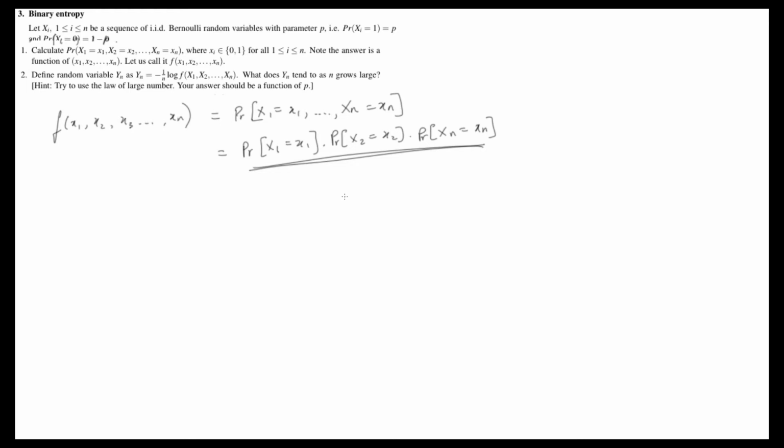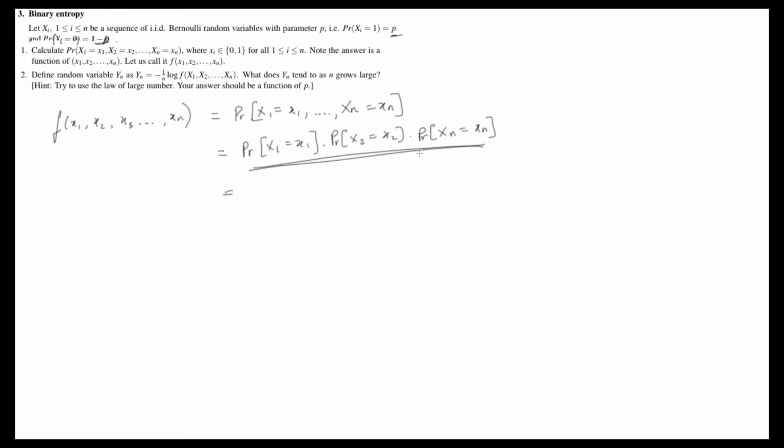But can we do anything more with this? We know that x1 and x2 and such are just going to be 0 or 1. So can we break this down into something smaller just using p and 1 minus p? Well, we can.